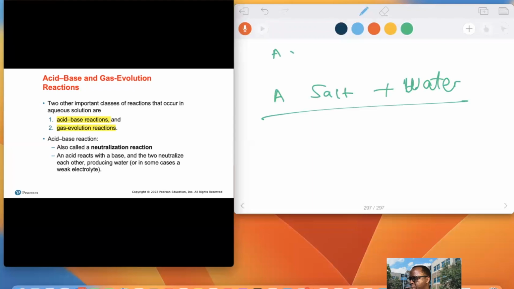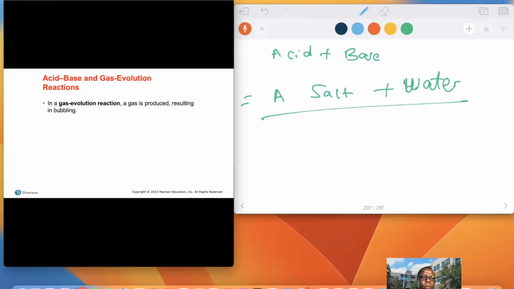Acid plus a base will give you a salt and water. That is the one criterion I look for. But for gas producing reactions, you have to see what reagents are involved. Some reactions give hydrogen gas, some hydrogen sulfide, some carbon dioxide gas.